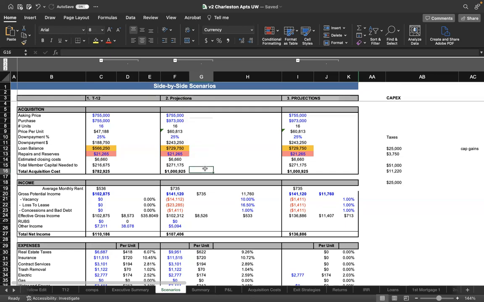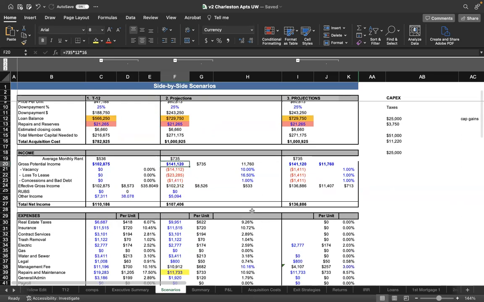I'll scroll down here. Gross potential rent: the market rent is $735 per unit. So if we hit $735 for 12 months for all 16 units, that is this number, the gross potential income.